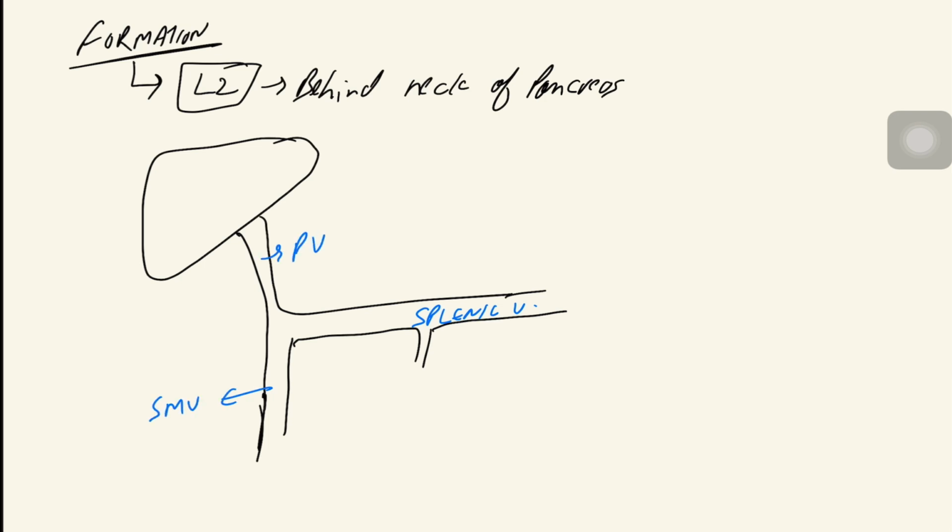This is your portal vein and this is your inferior mesenteric vein. So inferior mesenteric drains into splenic. I hope that's clear. So now let's move ahead and talk about its tributaries.